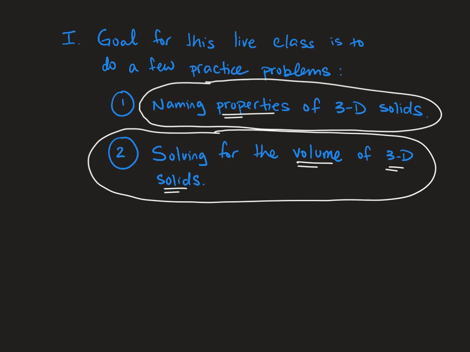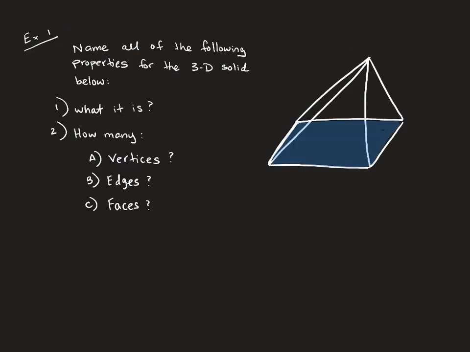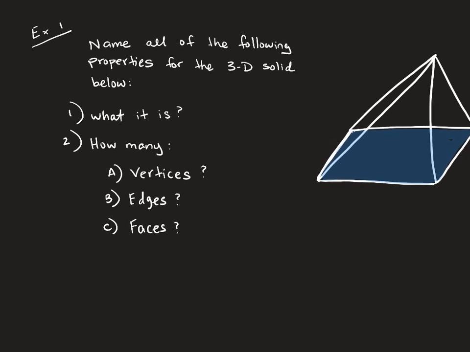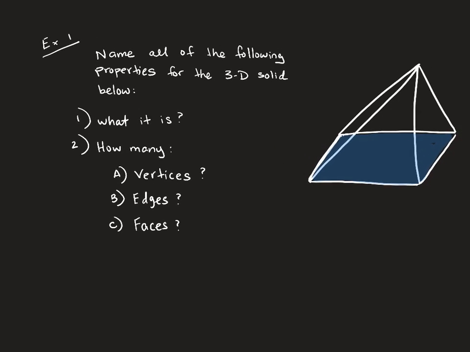Okay, this is actually a pretty good warm-up for the video. Okay, so that's okay. But do make sure you do watch the video. So, for our first example is name all of the following properties for the 3D solid below.